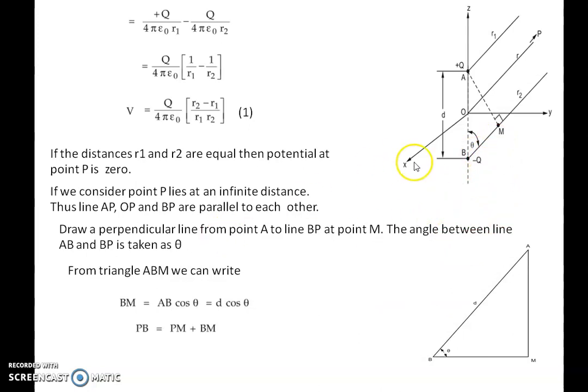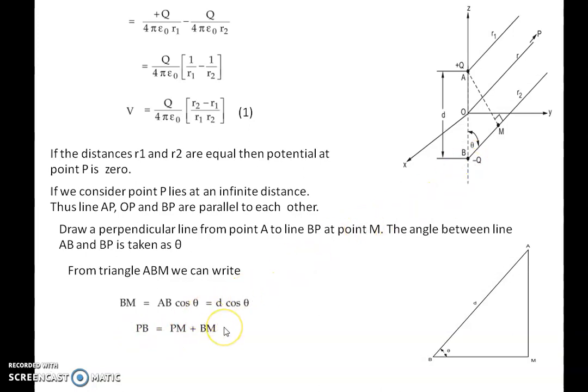Now what is this line? This line is the line joining point P and point B. So PB can be written as this length, that is BM, plus the remaining line, that is MP. So PB is equal to PM plus BM. What is PB? PB is R2. What is BM?